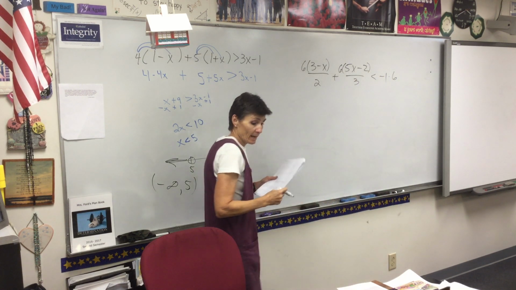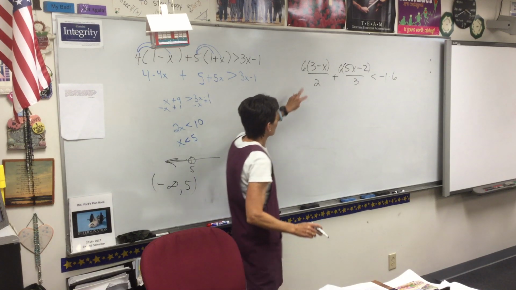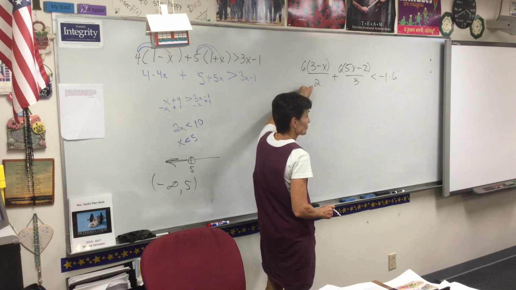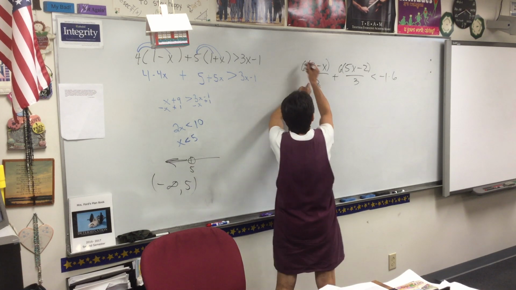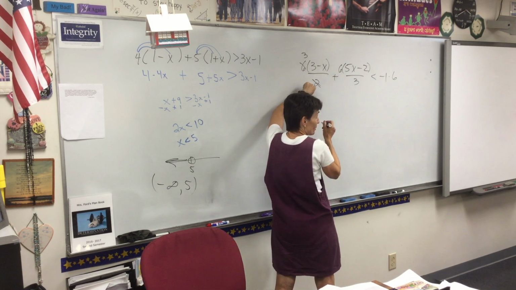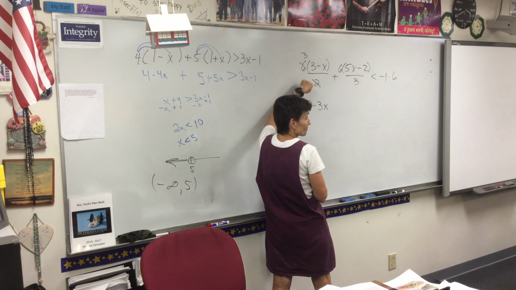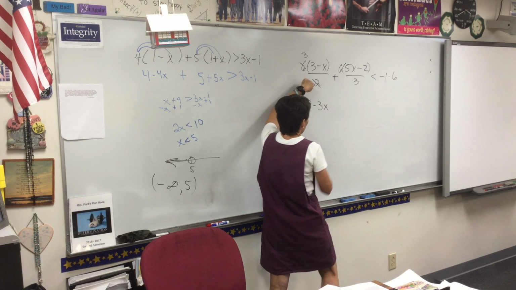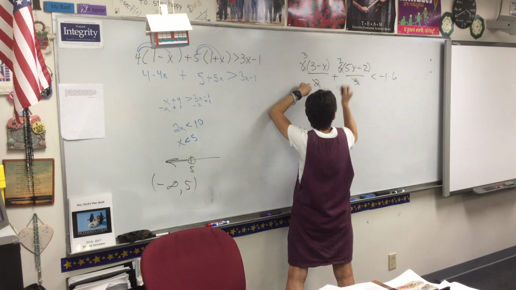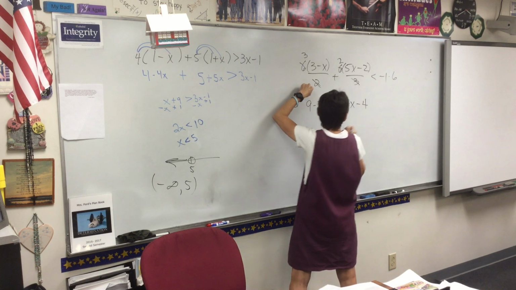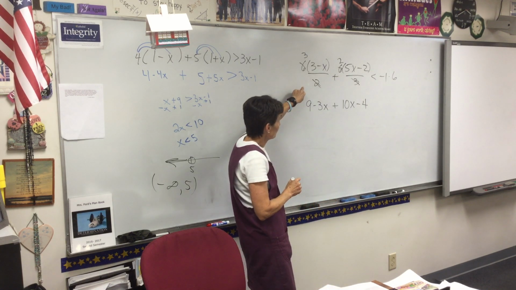But really, we're not going to end up using 6, are we? Because the reason we did that is to cancel this out. So we're going to really multiply the first one by 3. So 9 minus 3x. And the second one by 2, so 10x minus 4. Don't let me make a mistake. Am I good so far?